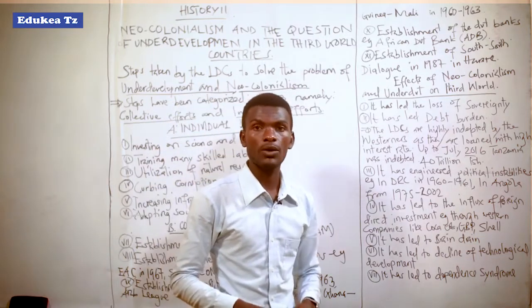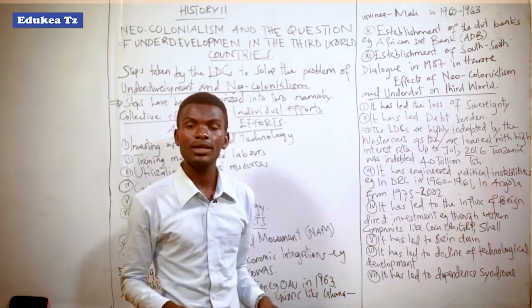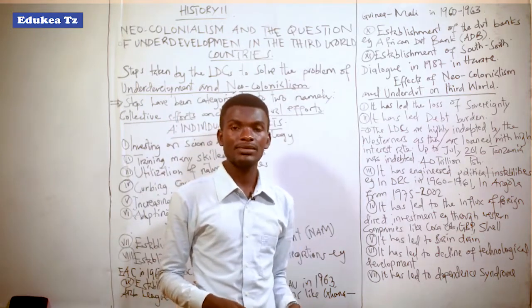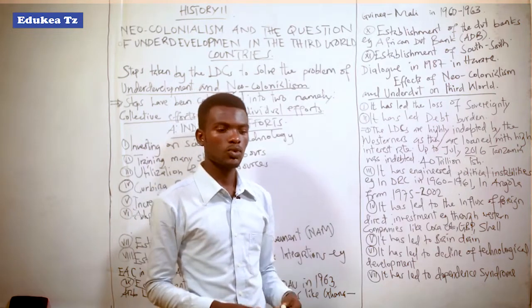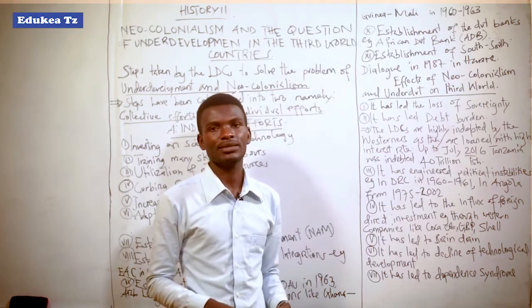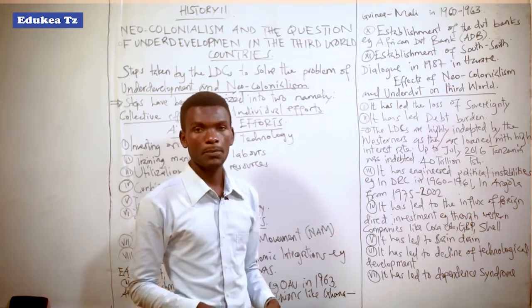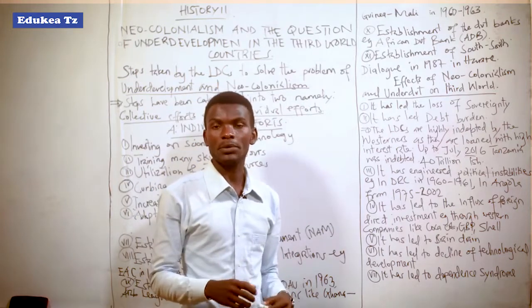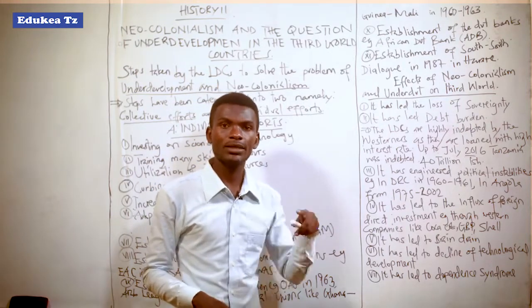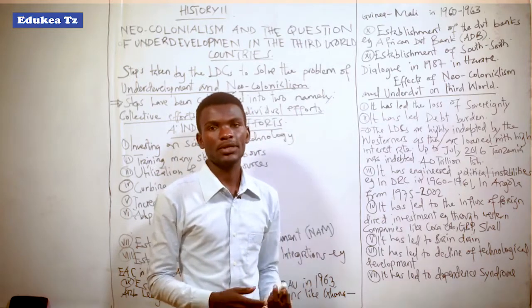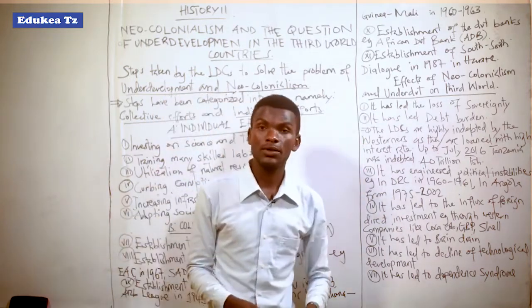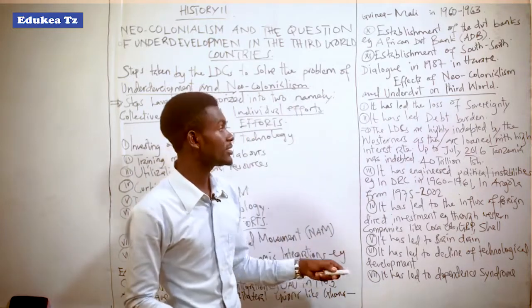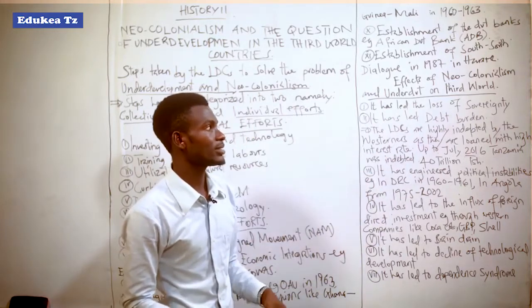So as we know now, even in general elections, the Westerners are intervening in general elections in different less developed countries. But we less developed countries can't intervene in their elections. So you can see that the new colonialism and underdevelopment have impacted in such a way that we have lost our sovereignty.